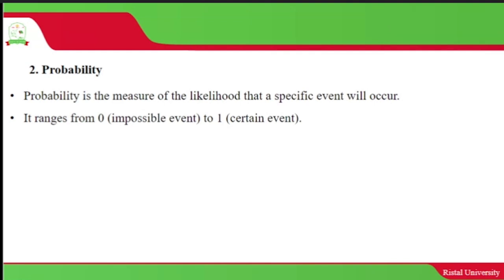It allows us to estimate the likelihood of various outcomes, to assess different risks, and to make data driven decisions from the sample. It usually ranges from 0, representing the impossible event, to 1, representing the event certainly occurring.